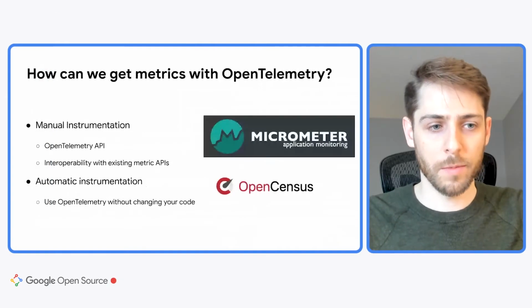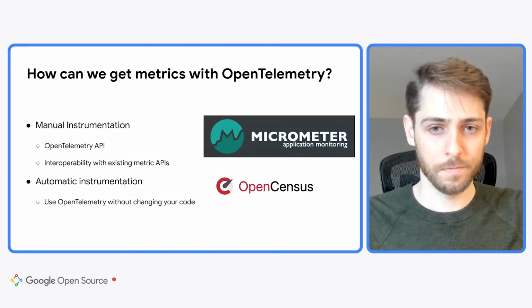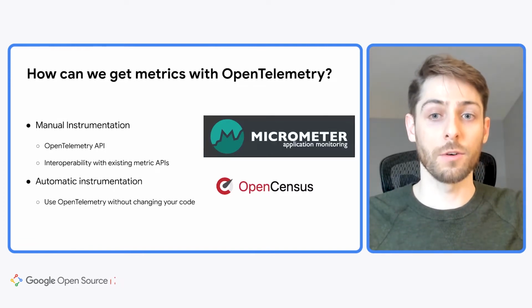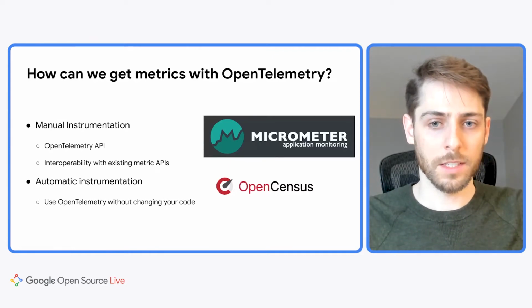Great, so how can we get metrics with OpenTelemetry? There's two main ways: manual instrumentation and automatic instrumentation. For manual instrumentation, you'll write code, usually with the OpenTelemetry API, which is how OpenTelemetry will generate the metrics. But you can also interoperate with some existing manual metric instrumentation APIs.